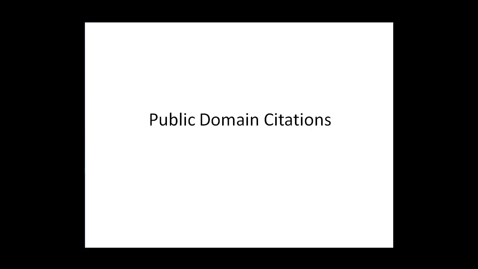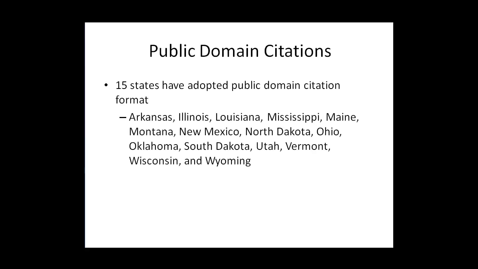You can see how it would be cost effective, because all these state Supreme Courts have to buy tons of copies of their published bound versions for all of their courts and for all the judges, and this becomes quite costly for citation purposes. So a number of them are moving to this public domain citation format. 15 states have done so, including Arkansas, Illinois, Louisiana, Mississippi, Maine, etc. Not California, we'll point out.